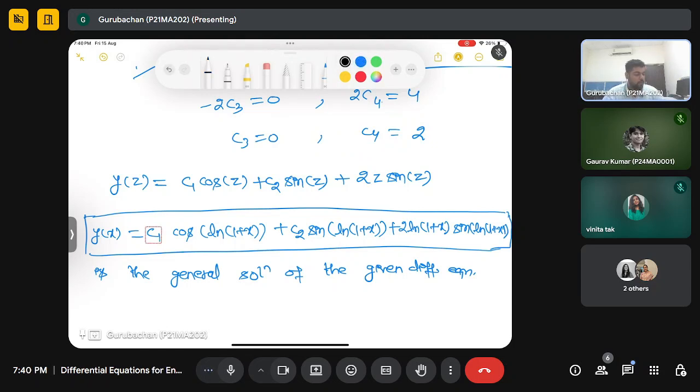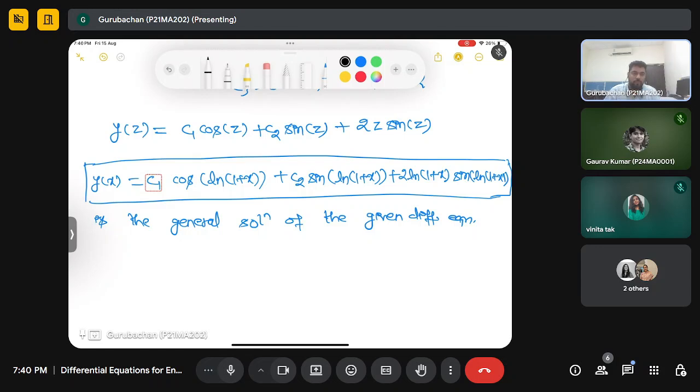So we have seen one more Cauchy-Euler type non-homogeneous differential equation, and we have found its solution. Till now we have dealt with non-homogeneous equations with constant coefficients.